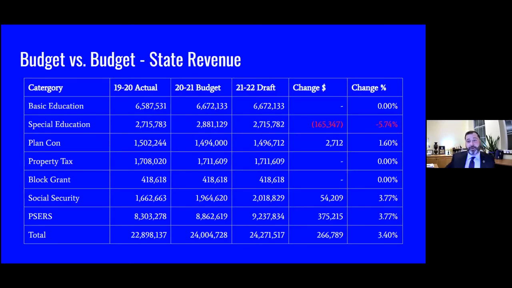To look at that graph as far as hard dollars, you'll see some of the categories were not changed or slightly reduced. And then again, the Social Security and PSERS, which are a result of payroll figures funded at 50% by the state, are put in there at the bottom. So not much increase in the major categories for state funding.